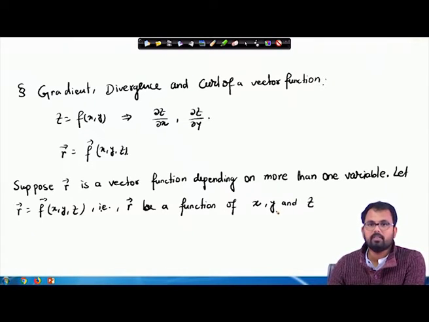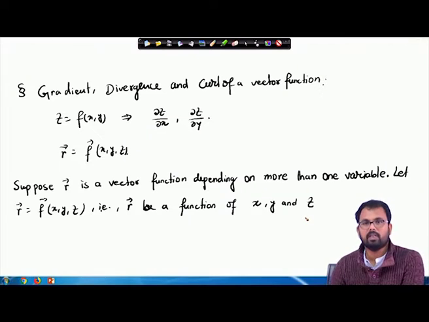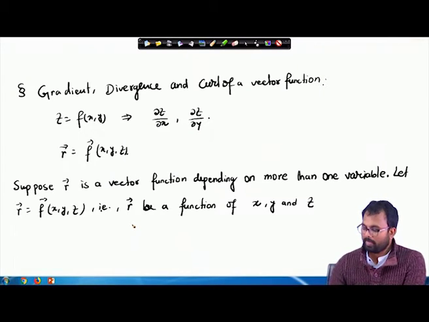You can imagine a vector function of type 3x square z times i plus y square z times j plus z square x times k. That can be one possible vector function. So, any vector function r of these scalar variables can be of that particular form. Okay.